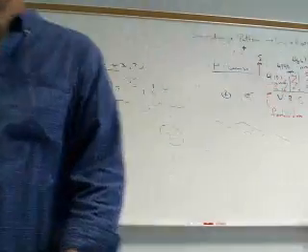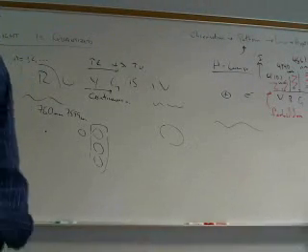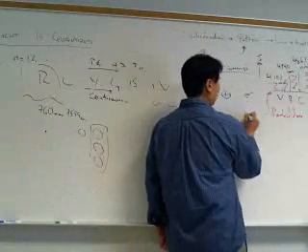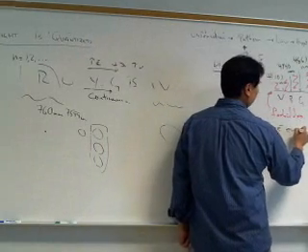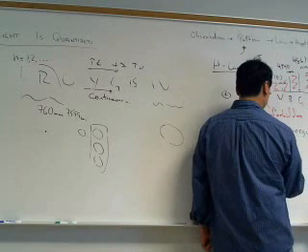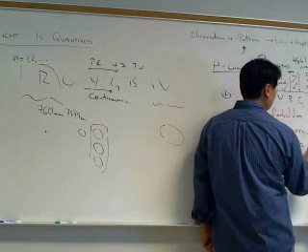And so this is a different type of quantization. This is what we say: the electron energy in a hydrogen atom, the electron energy in an H atom, is quantized.